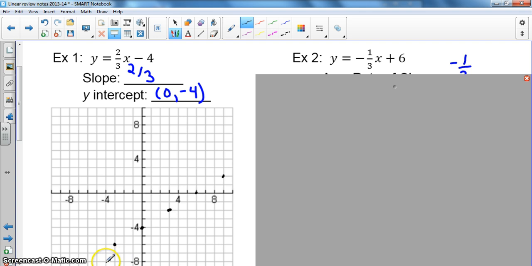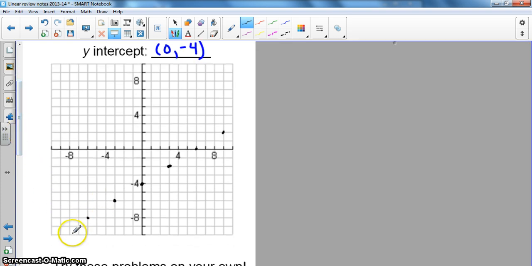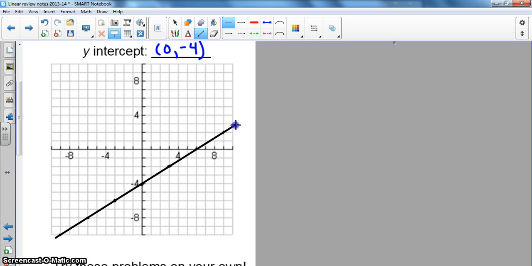Down 2, to the left 3. And we can go one more, down 2, left 3, and then we connect, making a straight line. And make sure that we put arrows on the end of these.